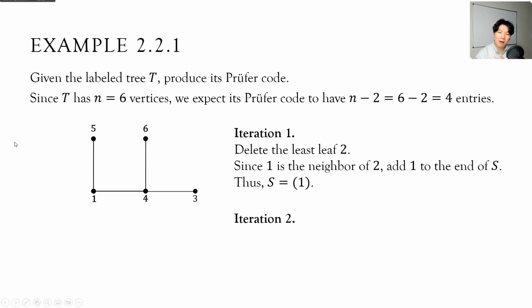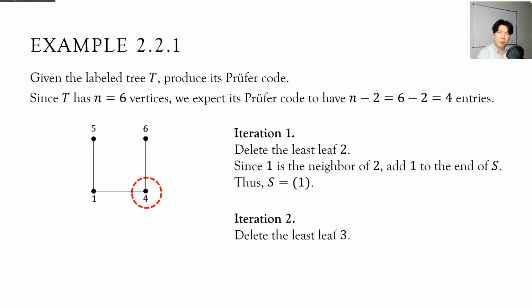Let's look at iteration number 2. Again, I'm going to look at all of my leaves. In this case, I still have 3, 5, and 6. But I only want to look at the smallest leaf, or the least leaf. In this case, I have 3, and once again, I'll identify its neighbor, which is 4. My algorithm states delete the smallest leaf, so I'm going to delete my leaf 3.